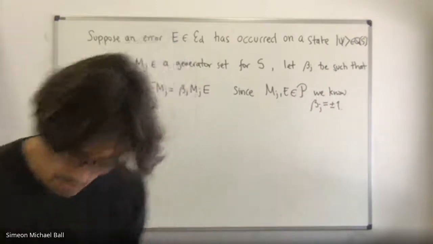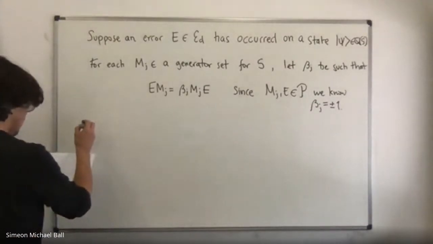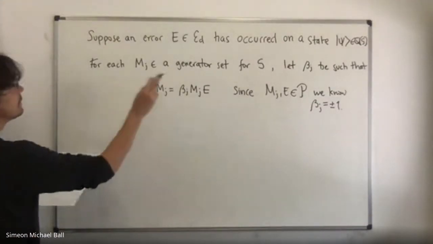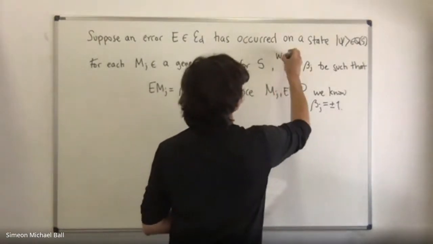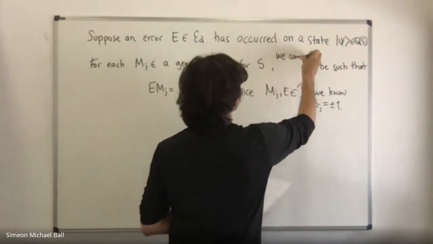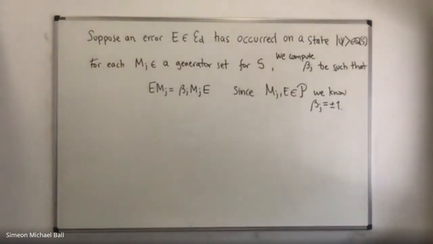Okay? So we can go through each generator in turn. As we just saw, we compute beta j such that this is the case here. So effectively, what we were doing there was a projective measurement with the Hermitian operator Mj.